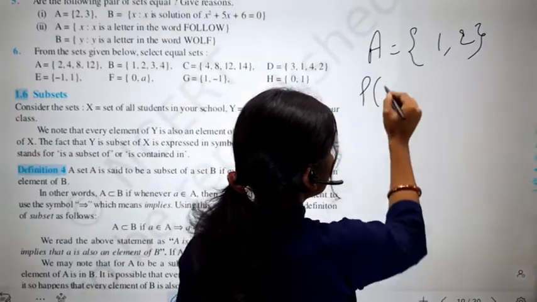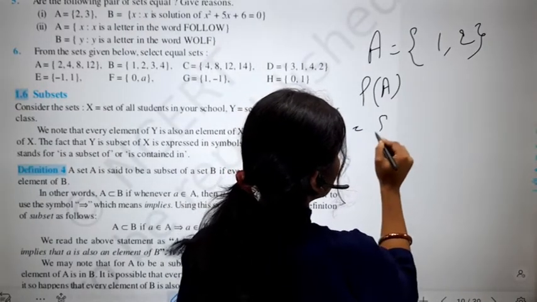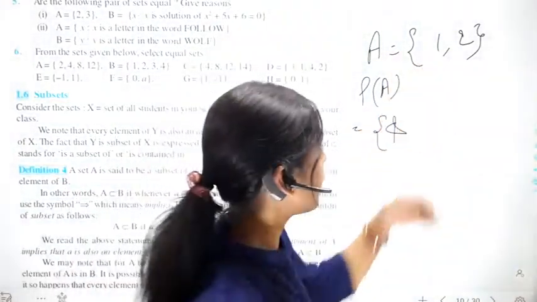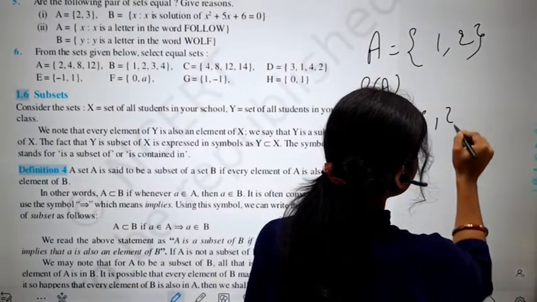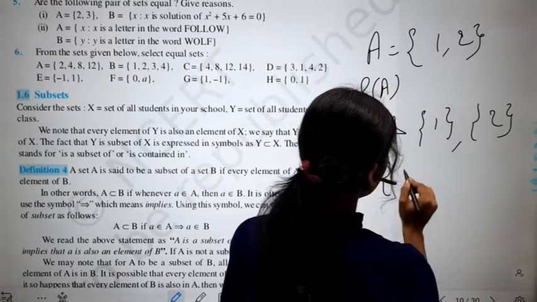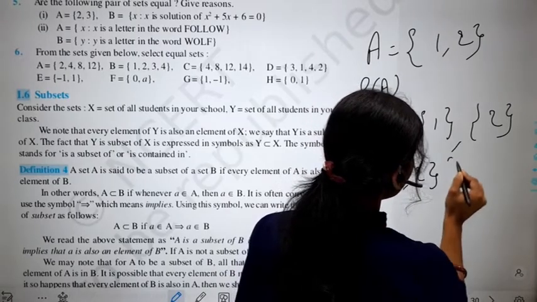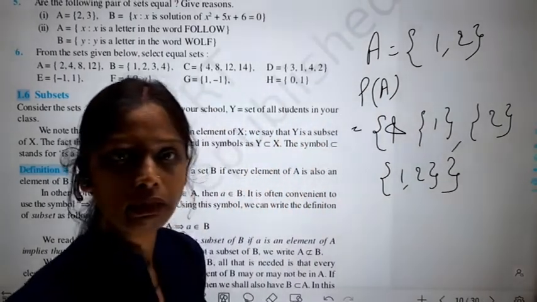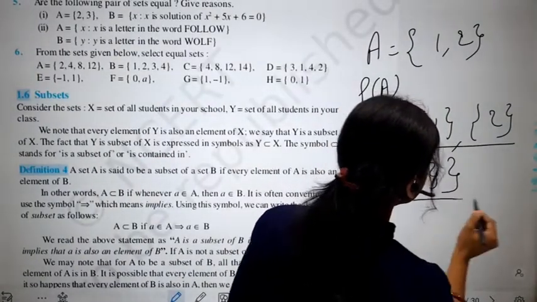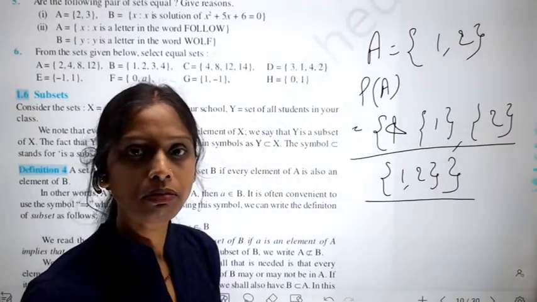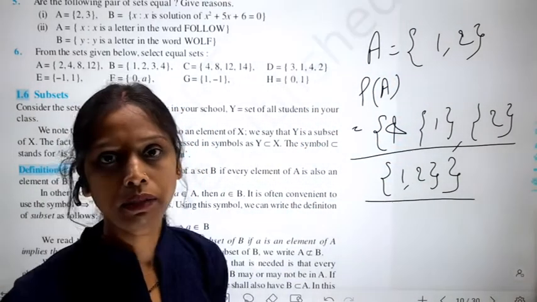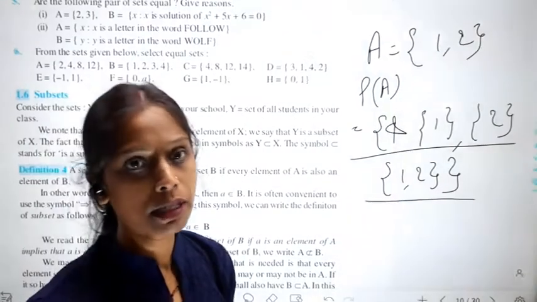The power set will be phi, {1}, {2}, and {1, 2}, because every set is a subset of itself. The collection of all those subsets of A will be the power set of A. This is the notion of the power set.